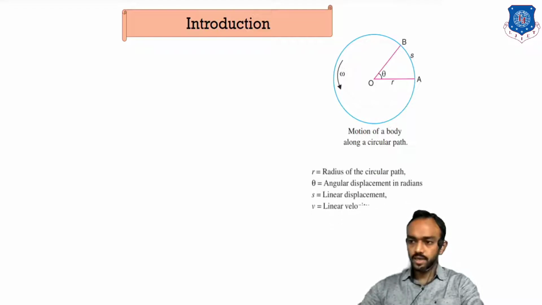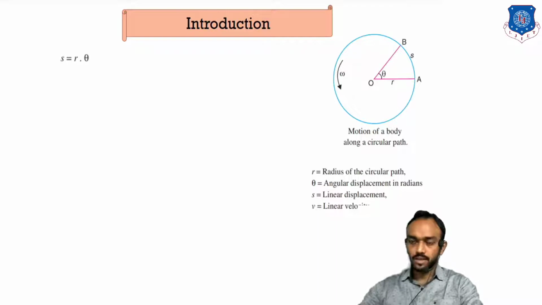Small r is the radius, theta is the angle, s is the linear displacement, and v is the velocity. We want to find the linear velocity, and for that, first of all, we have to measure this distance. What will be the distance? You know that the arc AB is equal to angle into radius.